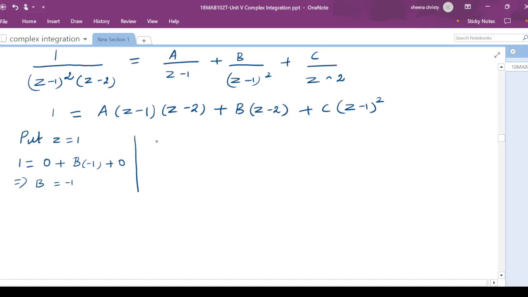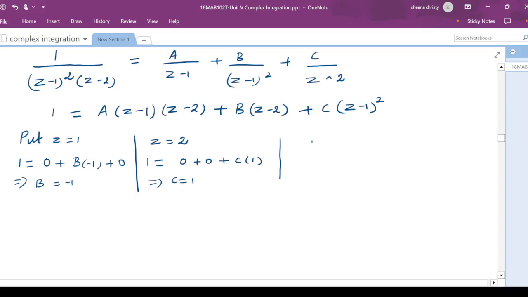Then when you are putting z equal to 2, 1 equal to, first term is 0, second term is also 0, third term we are going to get 1. So c into 1, that gives you c equal to 1.